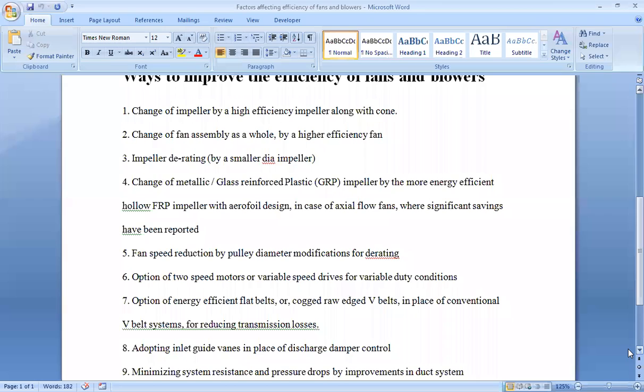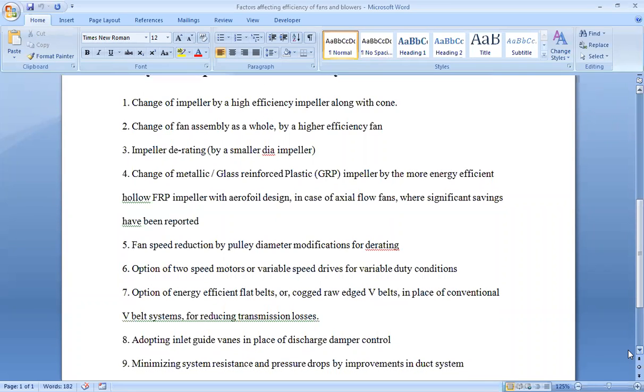So we can have a converter so that we can change precisely the speed of the motor by changing the angle of the silicon controlled rectifier or SCR, so that the speed of the motor is changed precisely and there is less power drawn by the fan.